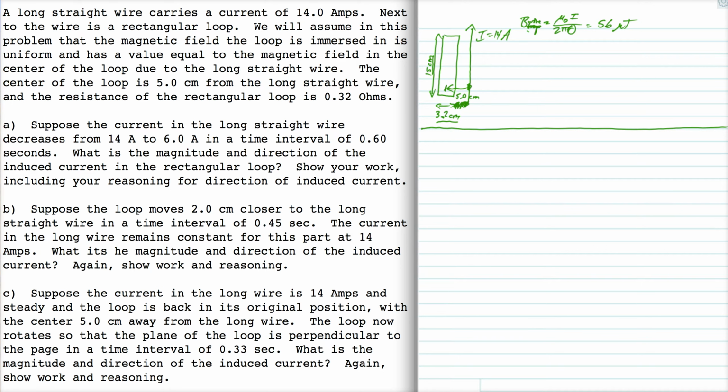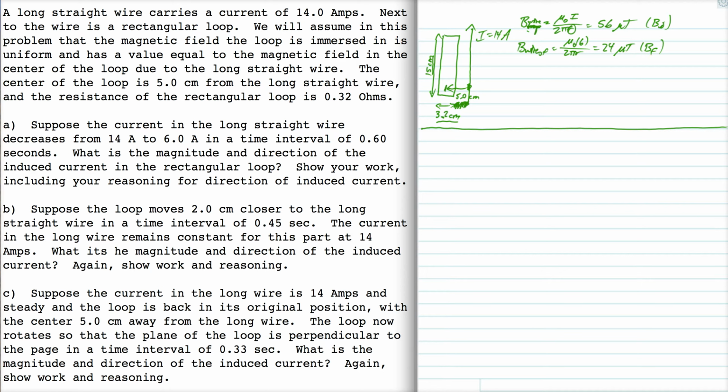That's the initial, that's B_I. The final would be mu naught times 6 amps over 2 pi r, and that's only 24 microtesla, that's B_F.